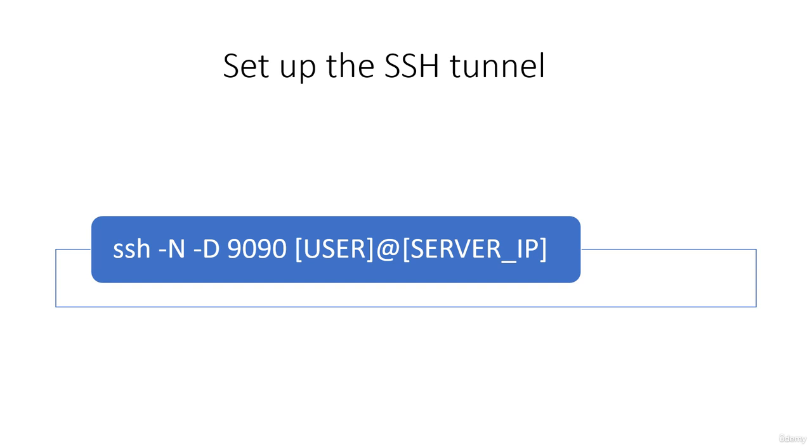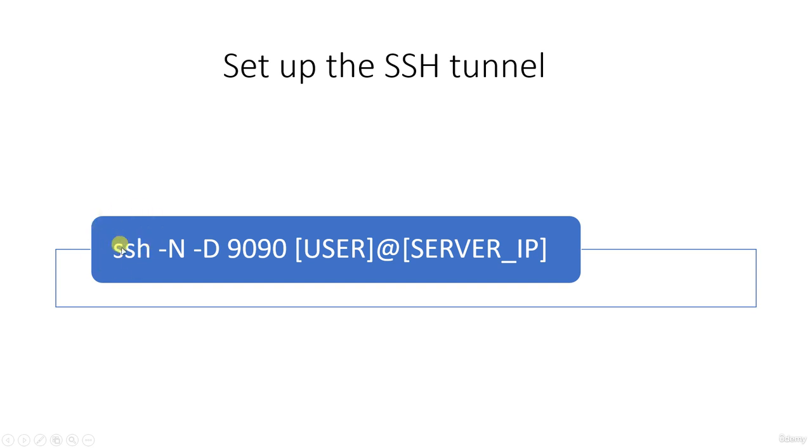If you run Linux, Mac OS or any other Unix based operating system on your local machine, you can easily start an SSH tunnel with this simple command line. Let's define what this is.